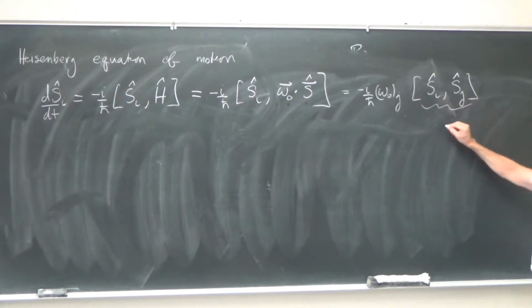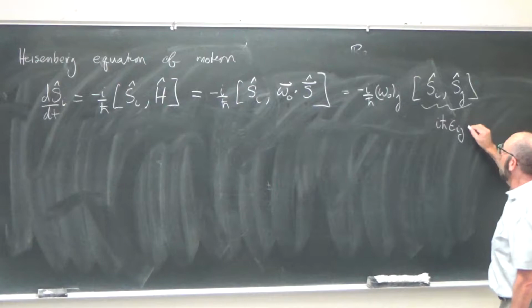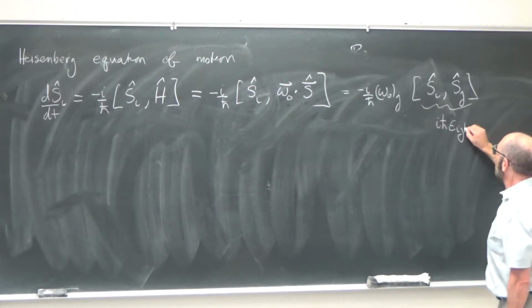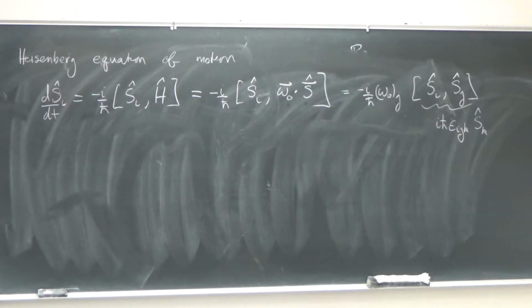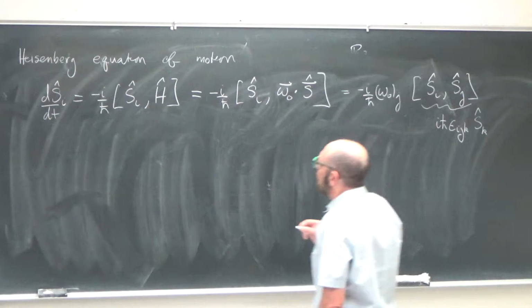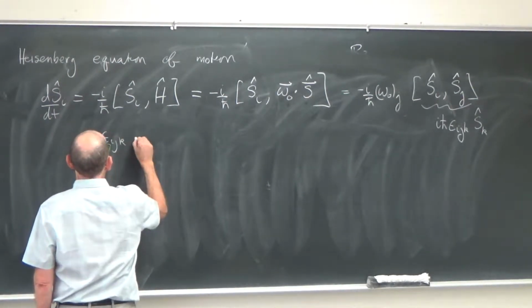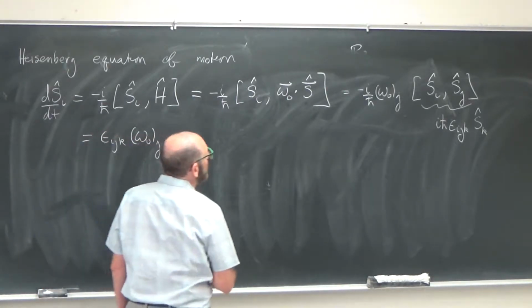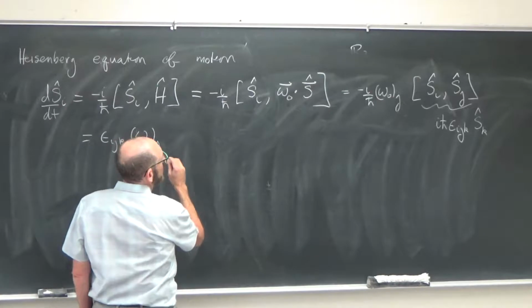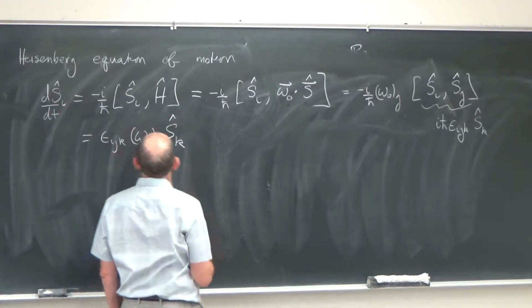And this is i h bar epsilon_ijk, the spin component S_k. And thus, this is equal to epsilon_ijk, the j component of that Larmor frequency vector, times S_k, right?